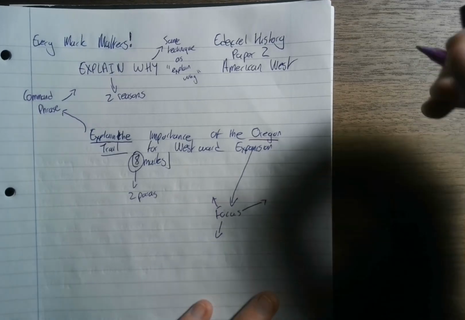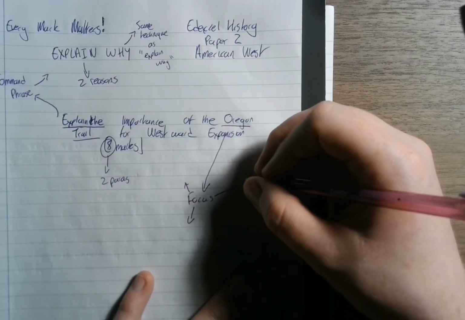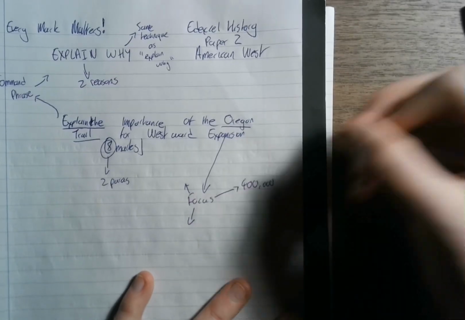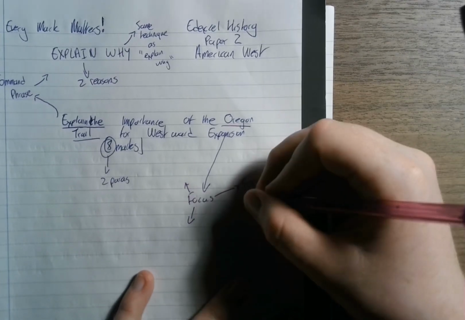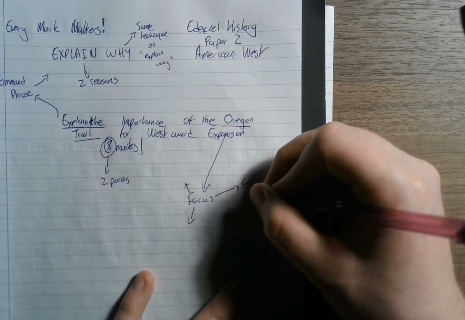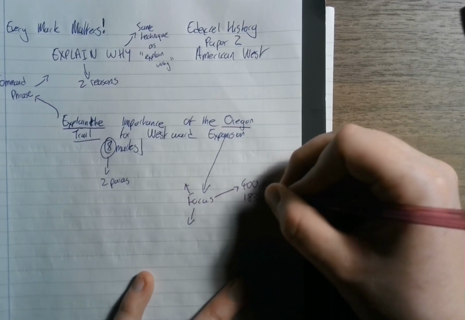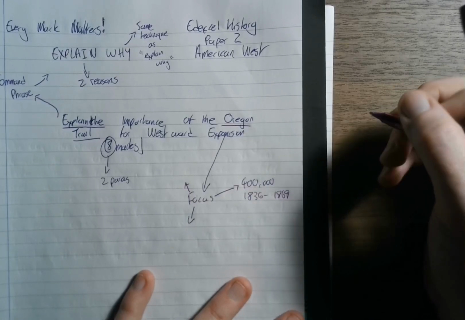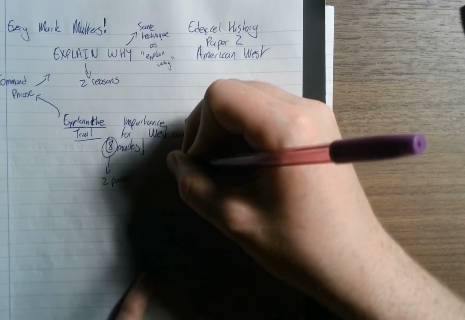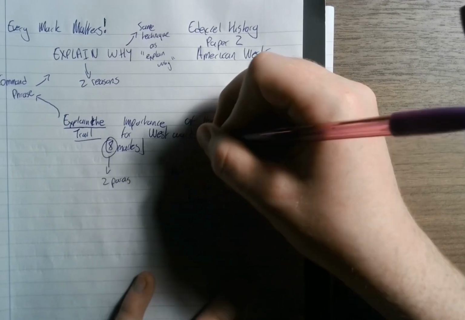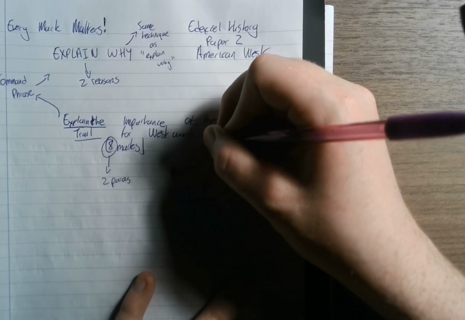So, quick facts that you could consider: remember 400,000 people took it and moved west between 1836 and 1869. Remember, it was the main trail. You could also add it went across Indians' lands.